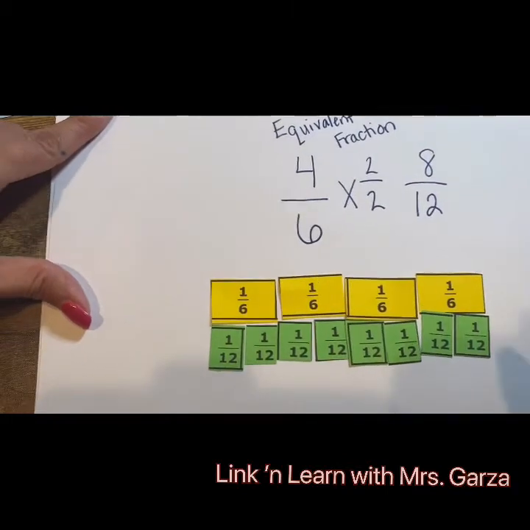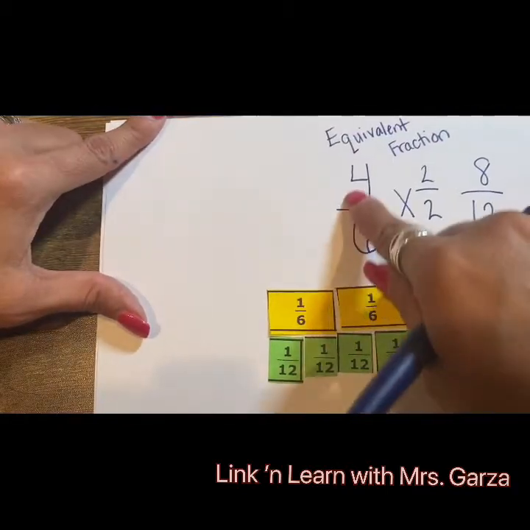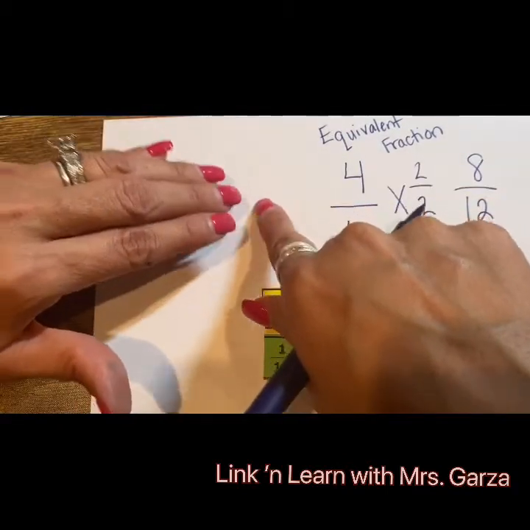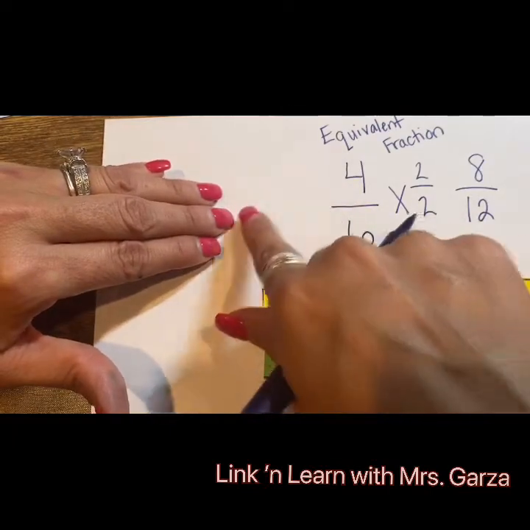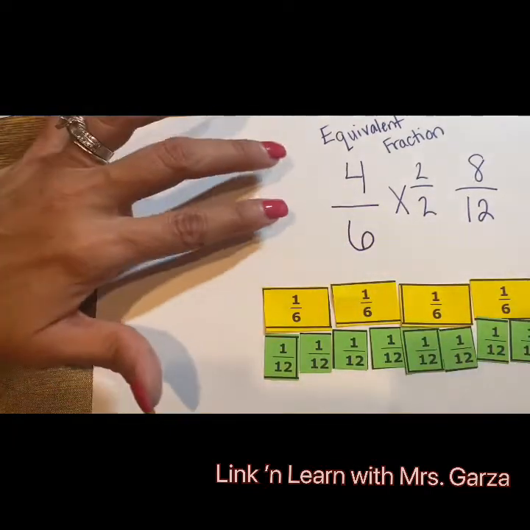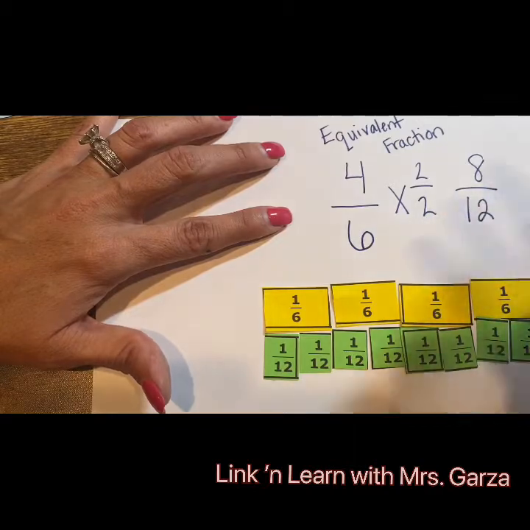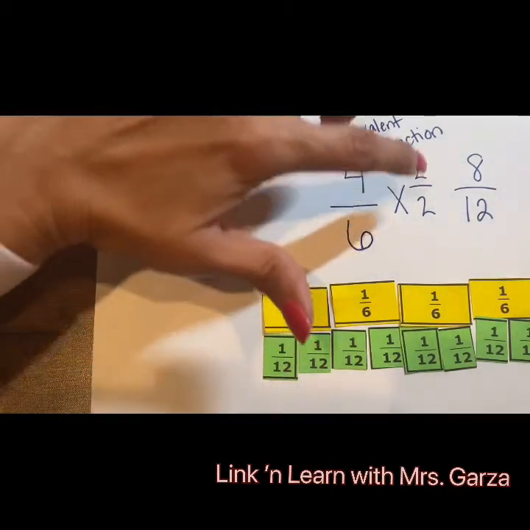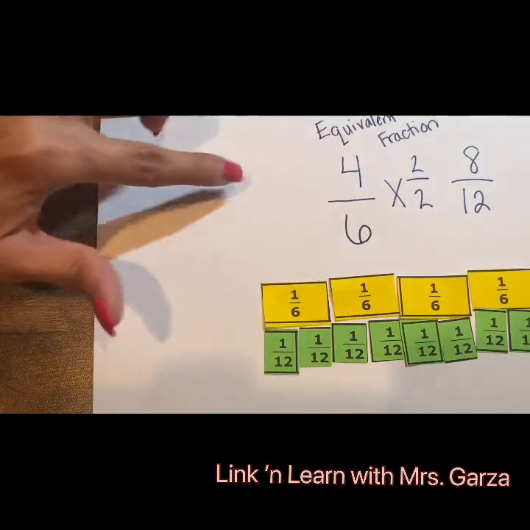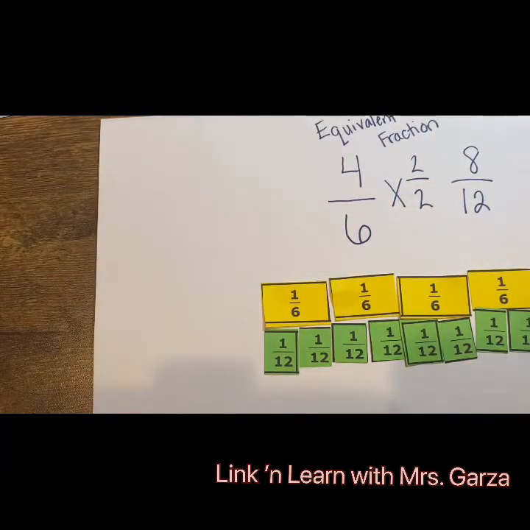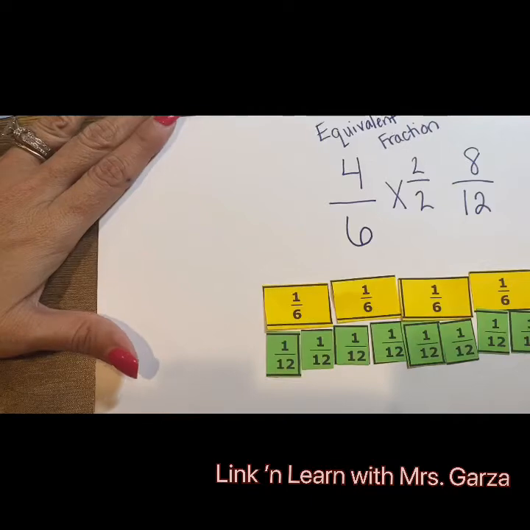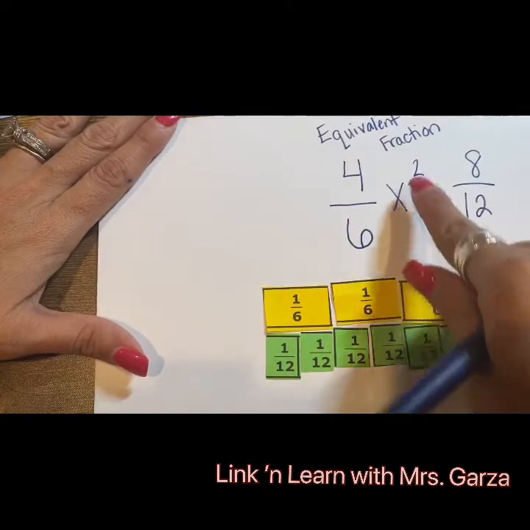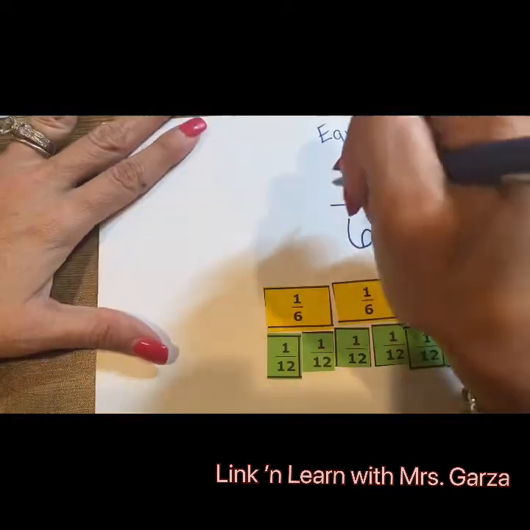Now I can also simplify this to get the fraction I had before, 4/6. In order to do that, just like when we multiply to get to the higher number, I'm going to divide to get to the smaller value. Since I multiplied by 2, I'm going to divide by 2.